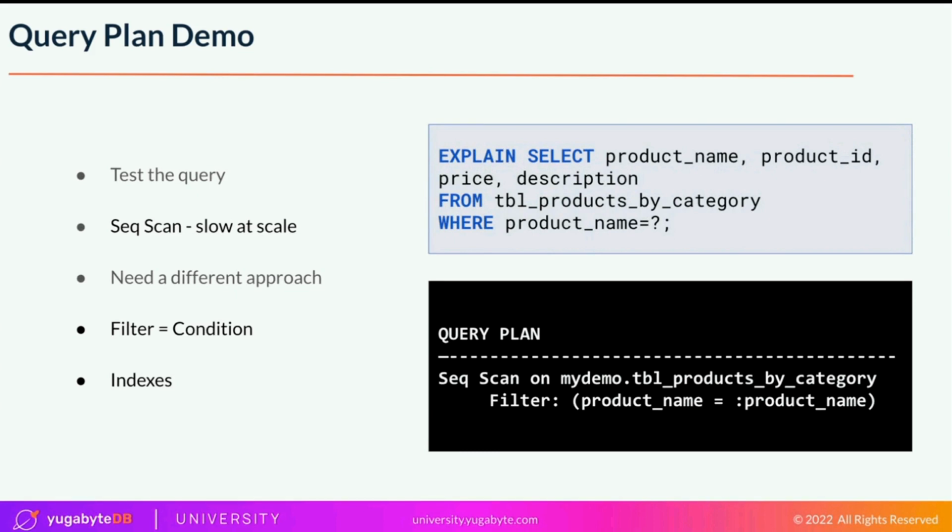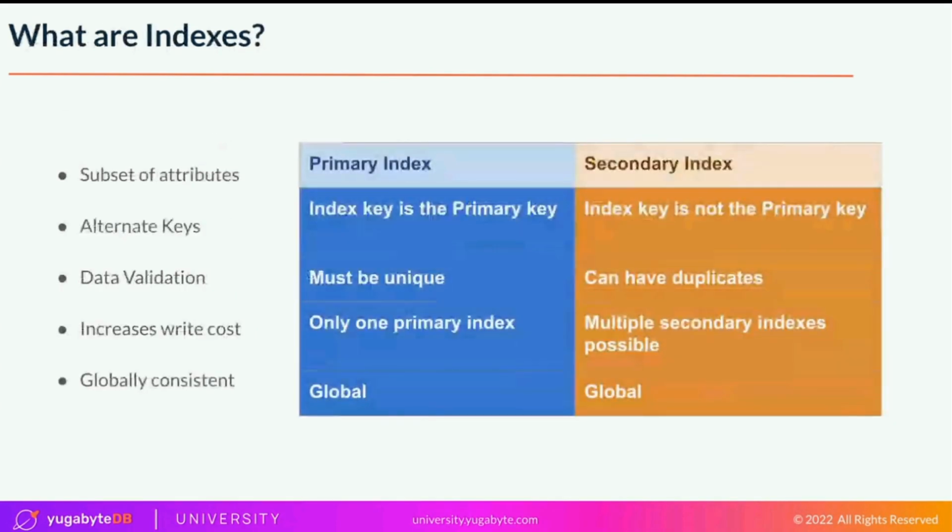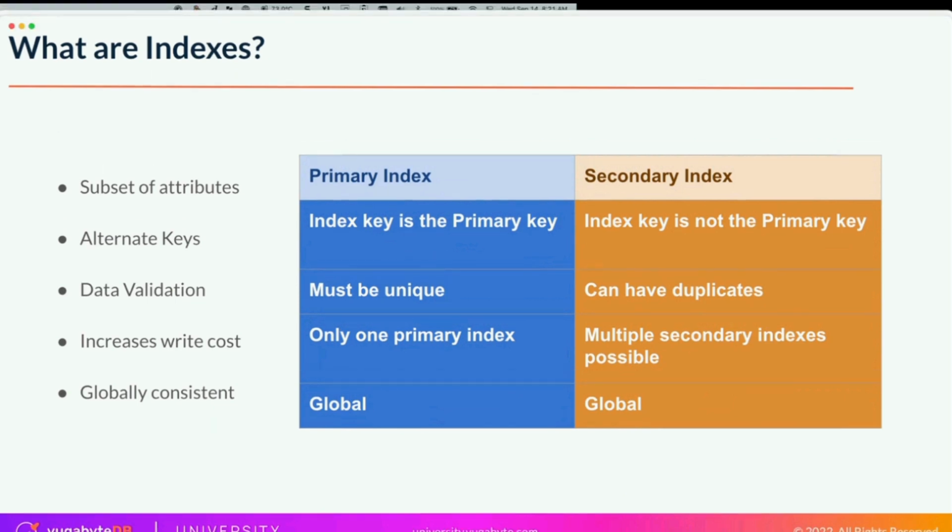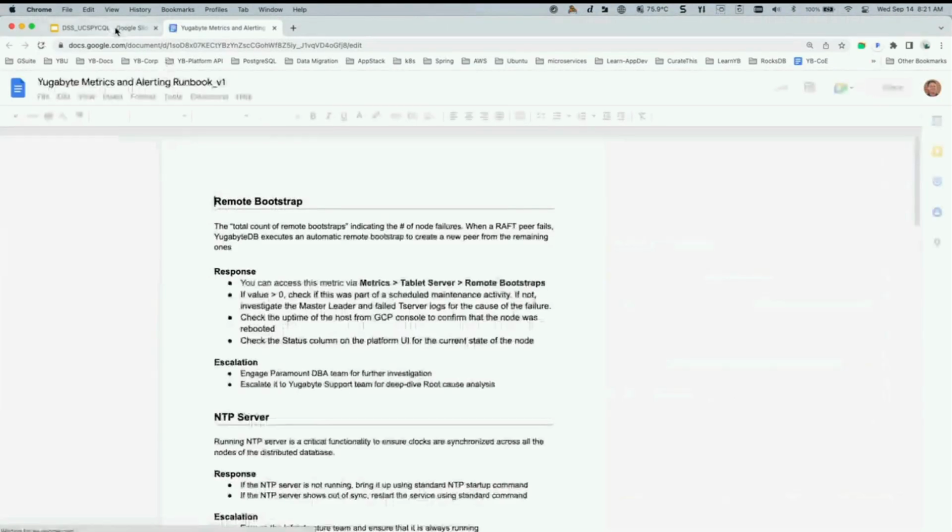On the next slide, we're going to talk a little bit about indexes. I know we talked a little bit about them on the previous slide, so here I'll give you some context of what I'm talking about when I talk about indexes. An index is a data structure, and it contains a subset of the attributes from the table along with a key to support query operations. So you can retrieve data from the index using a query in much the same way you can query the table. A primary index is automatically created when creating the primary key, since it's assigned to the table when created.